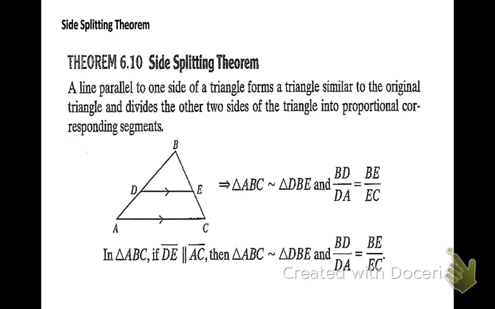Alright, so here we have DE parallel to AC. So we know by angles, the top and the bottom triangles are going to be similar. So we can say that BD is to DA, you don't have to use the whole side, this part is to this part as BE is to EC. So you split up the side. That's the side splitting theorem.